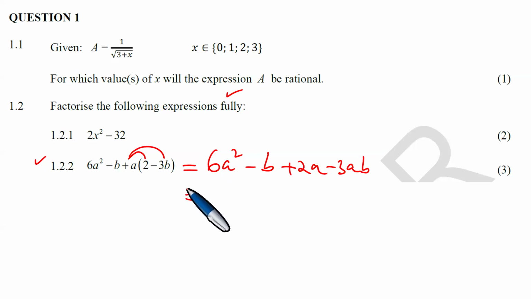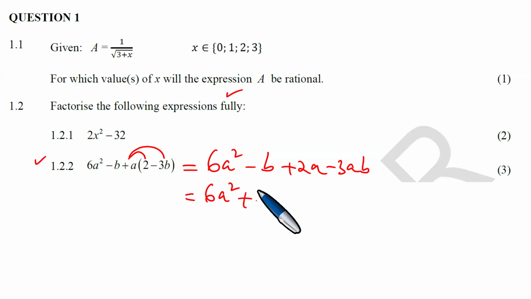Okay, 6a squared plus 2a. Yeah, then there's minus 3ab. Now if you have the minus 3ab, what do we do next? Minus b plus 2a.